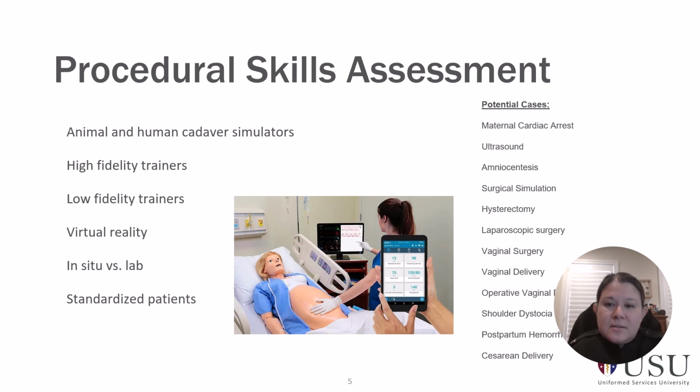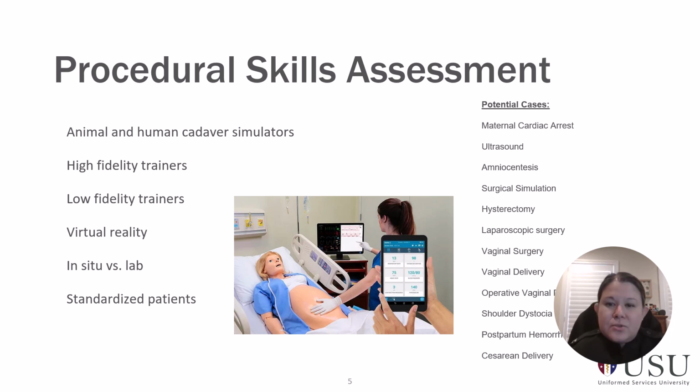In terms of the potential cases where we can use procedural skills assessment in obstetrics and gynecology, there are many. This is a fairly comprehensive list, but certainly there are likely some that are not on here. So we'll talk a little bit about options for using this for maternal cardiac arrest, things like ultrasound and amniocentesis procedures.